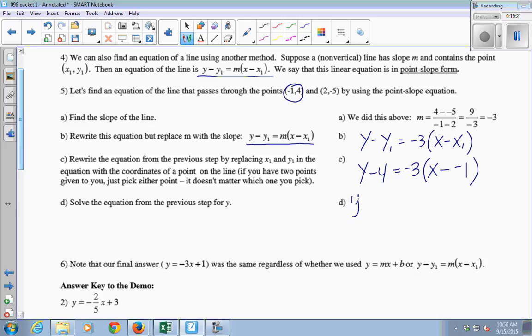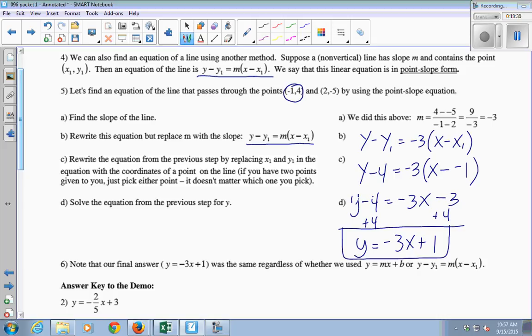So I've got y minus 4. Distribute my -3, and I get -3x minus 3. Add 4 to both sides, and I get y equals -3x plus 1, which is the same equation we got when we did it the other way. So we have 2 methods. You can use whichever one you prefer.